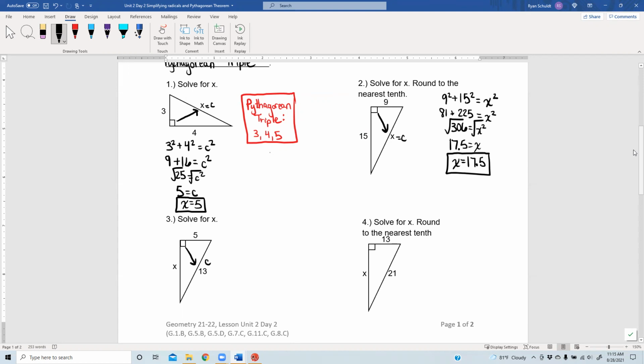The C is 13. So if I'm plugging into my Pythagorean theorem, I'm going to say something like 5 squared plus X squared equals 13 squared. I actually now have to do a little bit of work to solve for X.